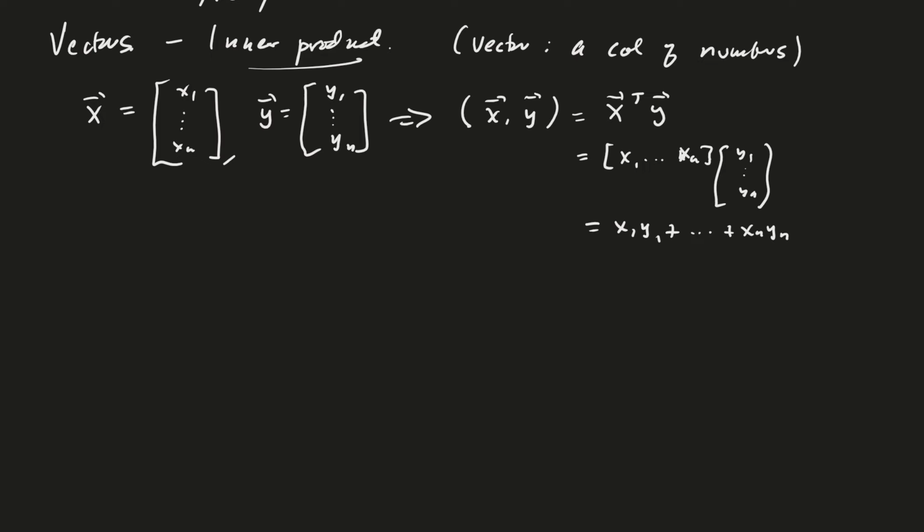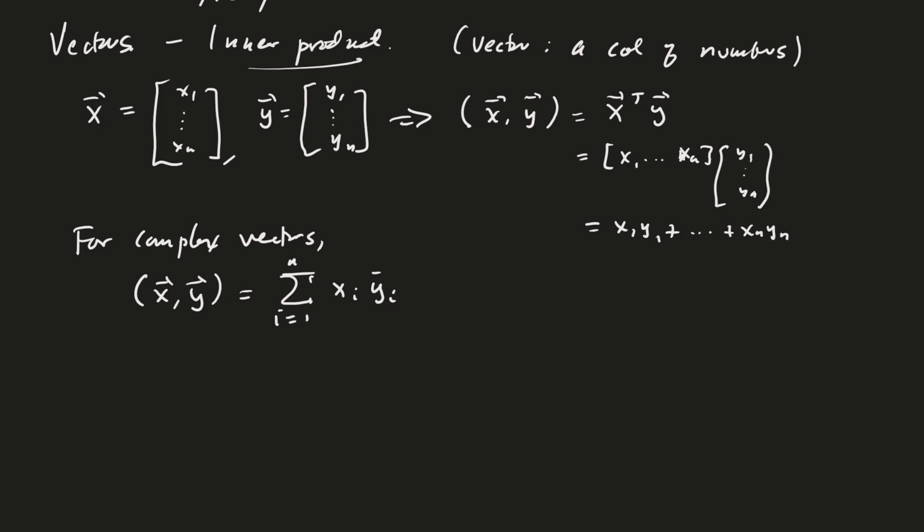And the reason I wanted to bring this up is because if x or y or both are complex, then the inner product is a little bit different. For complex vectors, (x, y) is actually defined to be, let me rewrite it this way, the sum, i equals 1 to n, of xi times yi bar.